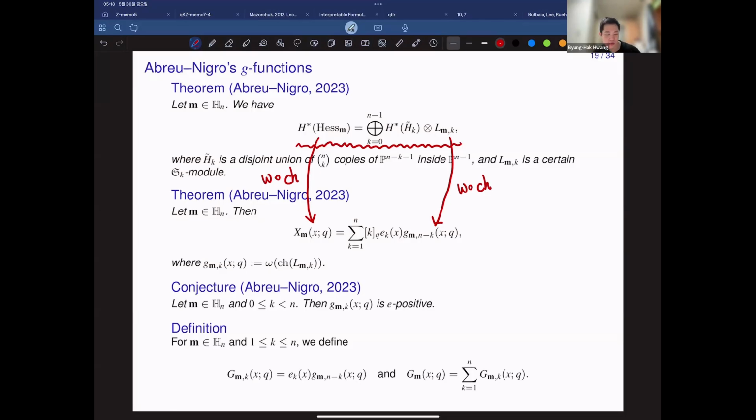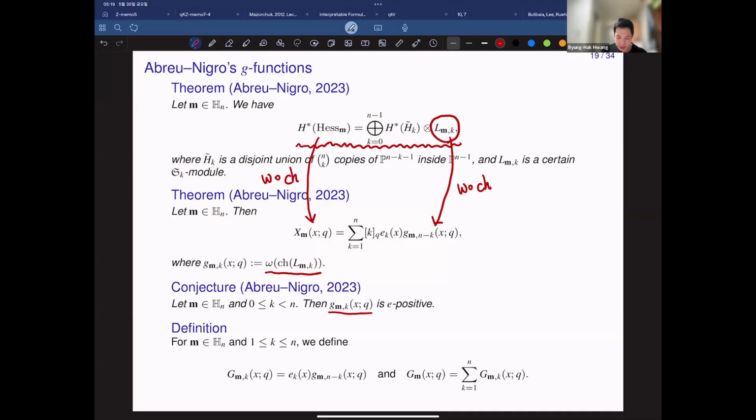So they define a new symmetric function G sub m,k, which is given by the Frobenius characteristic of these pieces. And as in the positivity conjecture, they also conjecture that their new symmetric function G is also e-positive.